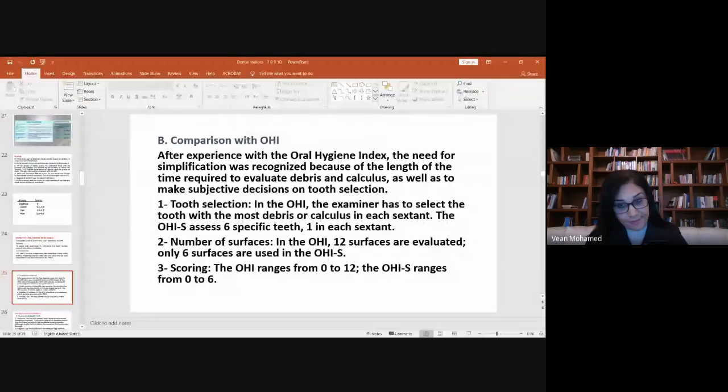And the number of surfaces in the oral hygiene index, 12 surfaces are evaluated, and only 6 in the simplified one. The scoring for the oral hygiene index is from 0 to 12, while in the simplified one from 0 to 6. That's why it is simpler. Okay.